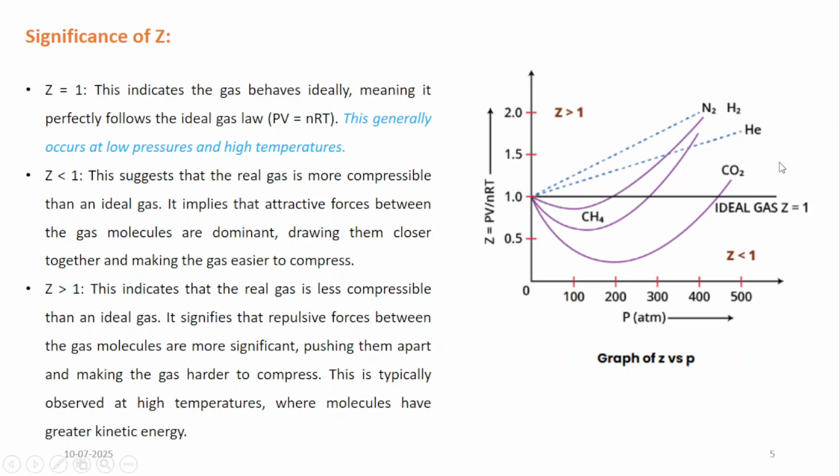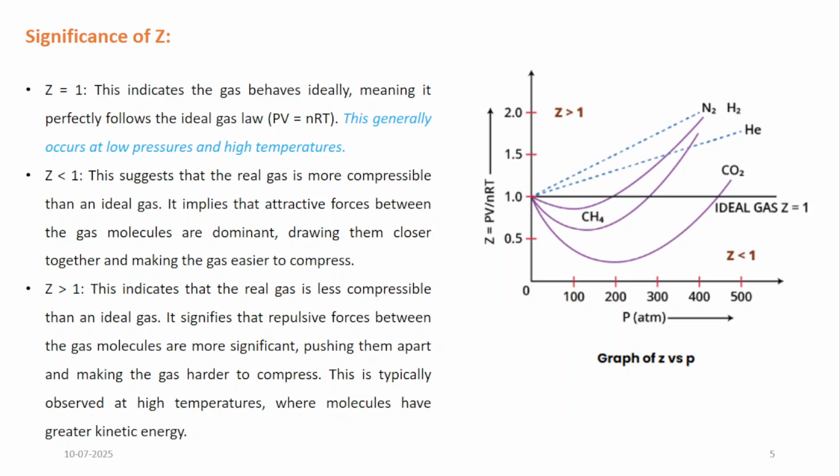You can see it here. Some gases like carbon dioxide, methane, especially if you look at carbon dioxide, show a sudden dip. What does it indicate? When you increase the pressure, volume suddenly decreases. What does it indicate?